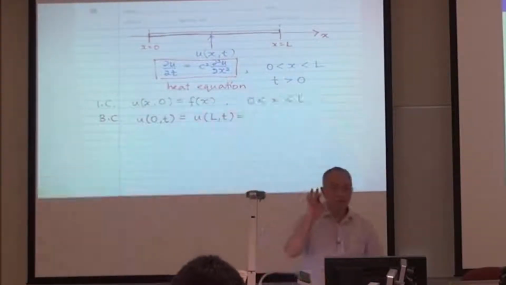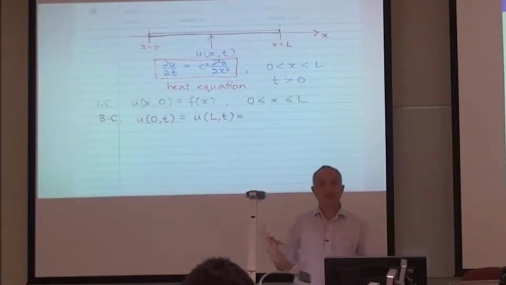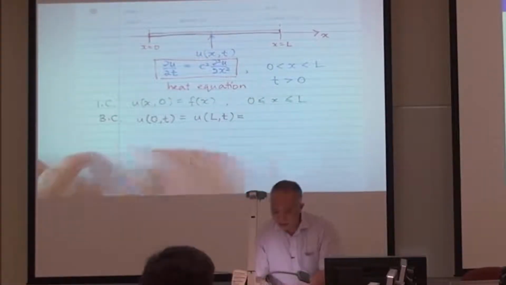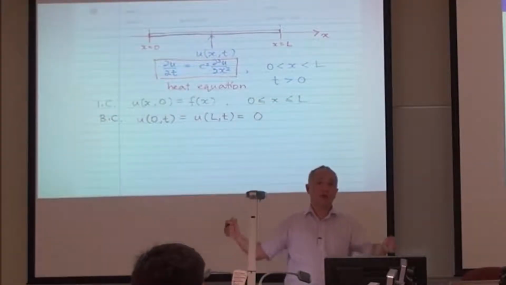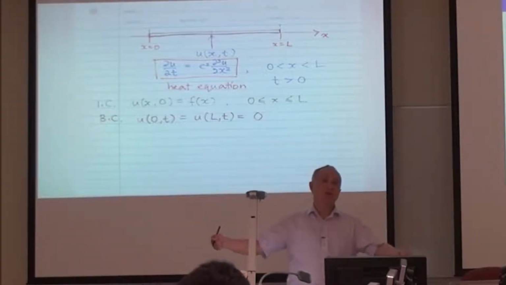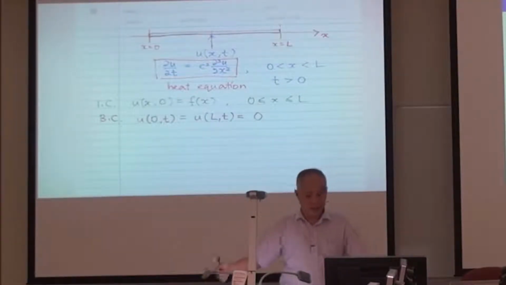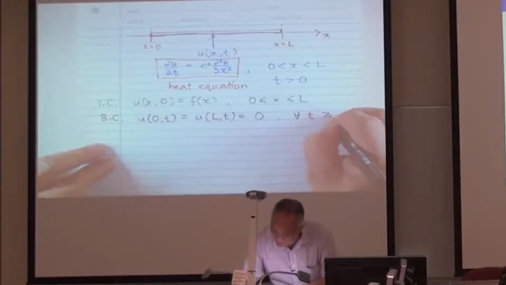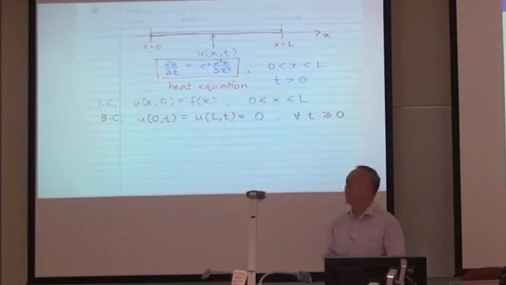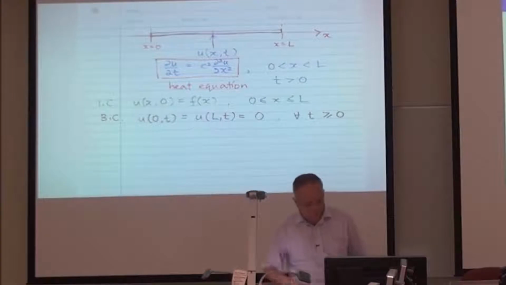Let us, for the sake of simplicity, in this particular example, set this to be 0. That means at the two endpoints, we maintain the temperature, for example, or the heat to be 0, for all t.